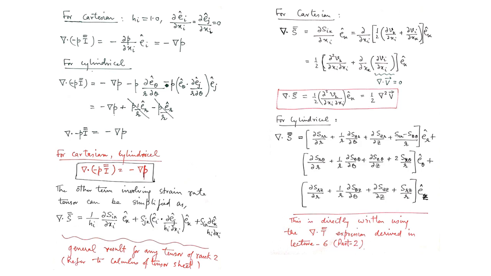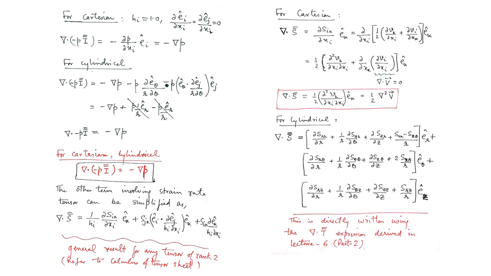Therefore I only consider this for j equal to r. Okay, the last term: if we open out the last term with j equal to r, you get finally these terms: minus grad p plus p by r er cap minus p by r er cap. So p by r er cap minus p by r er cap, they cancel each other, and finally you are left with again minus grad p.